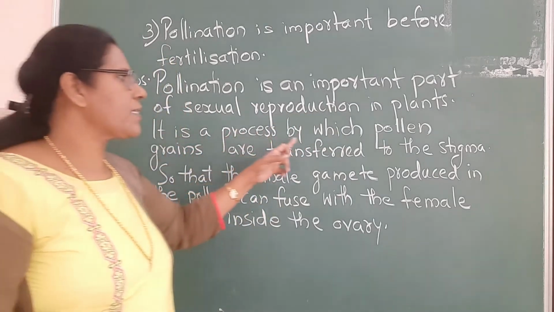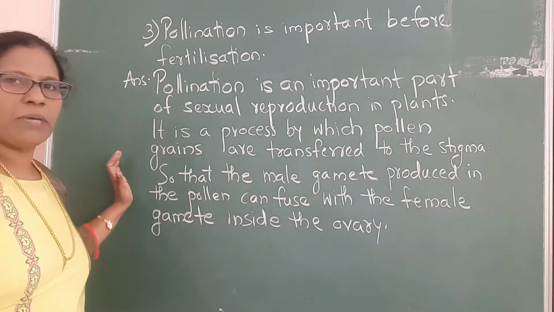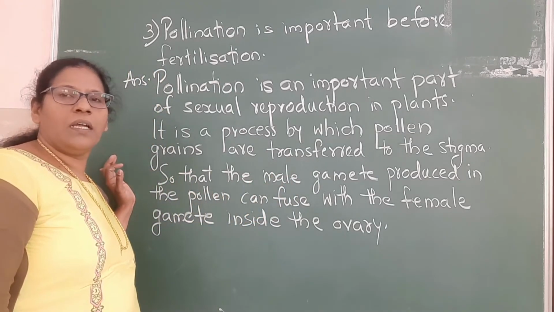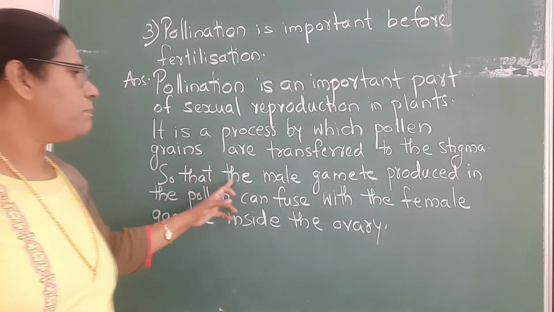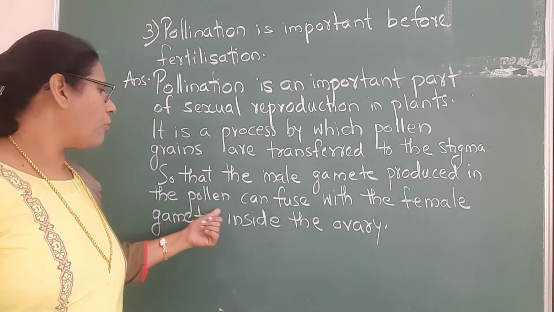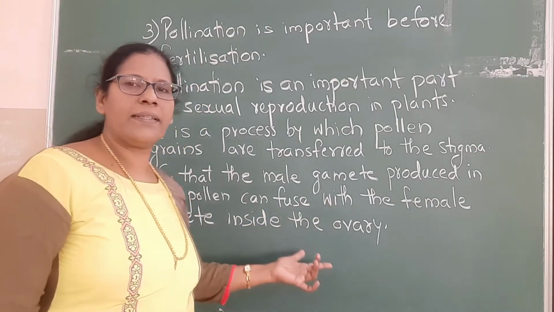Pollination is a process by which pollen grains are transferred to the stigma. We studied that from the anther, pollen grains are transferred to the stigma, so that the male gamete produced in the pollen can fuse with the female gamete inside the ovary.